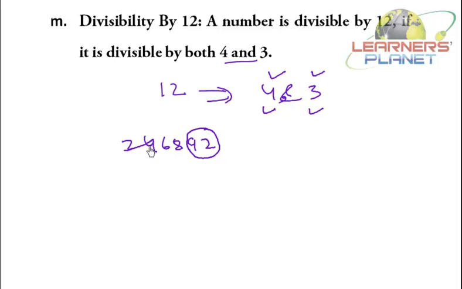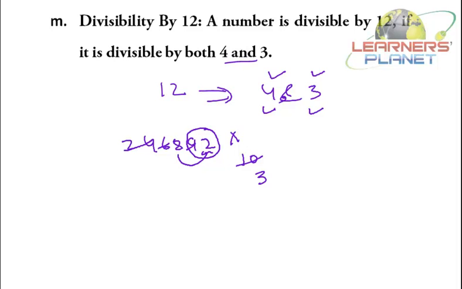Now 2 plus 4, 6, which is divisible by 3. 6 is divisible by 3. This 9 is also divisible by 3. Then we are left with 8 plus 2, that is 10, which is not divisible by 3. Hence the complete number is not divisible by 3. But the number is divisible by 4, but the number is not divisible by 3. So it cannot be divisible by 12.